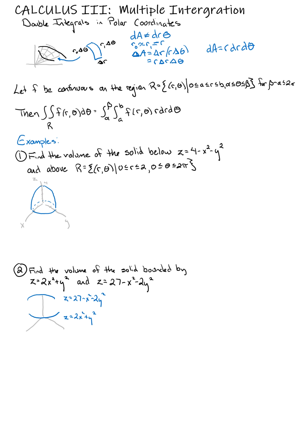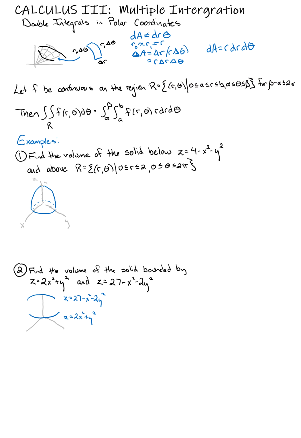Again, f is a continuous function. The region below it is defined by r and theta, where r goes from a to b and theta goes from alpha to beta. I do want to also point out that the difference between alpha and beta is always going to be less than or equal to 2 pi, so it's not that we always have those smaller angles.